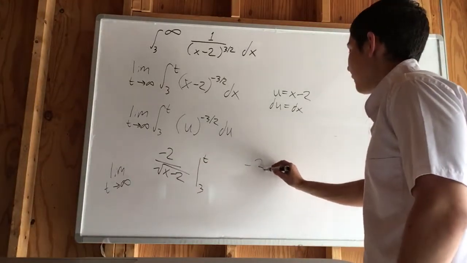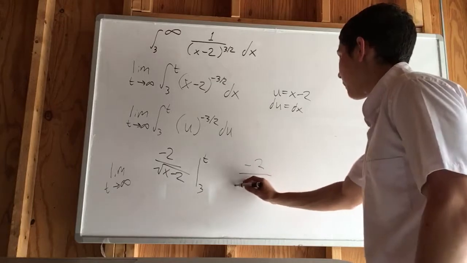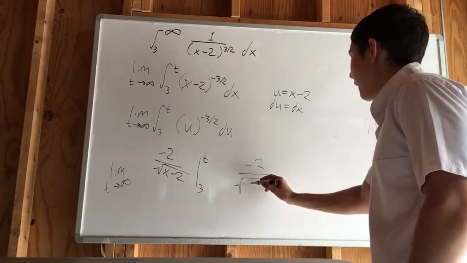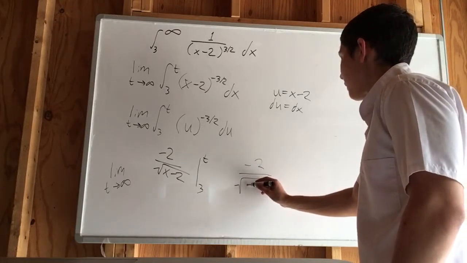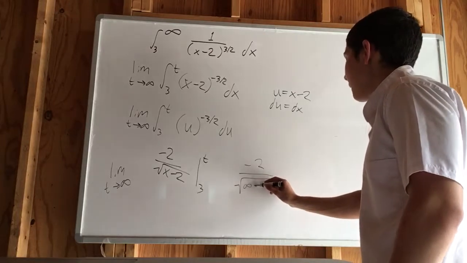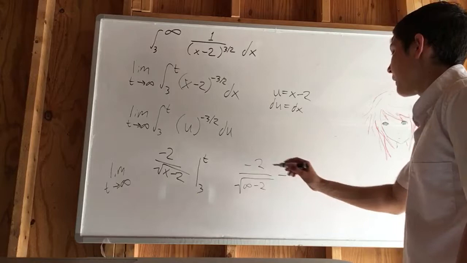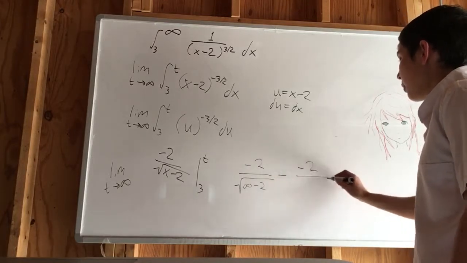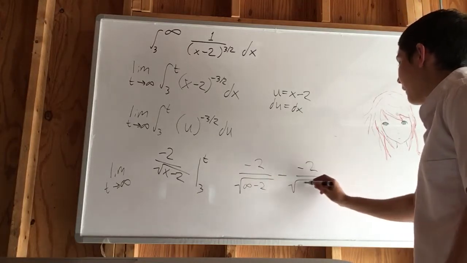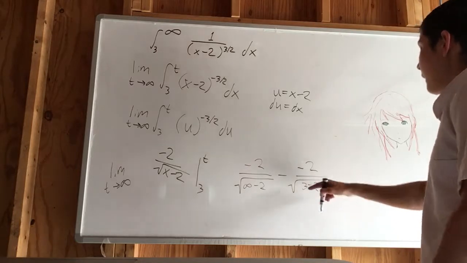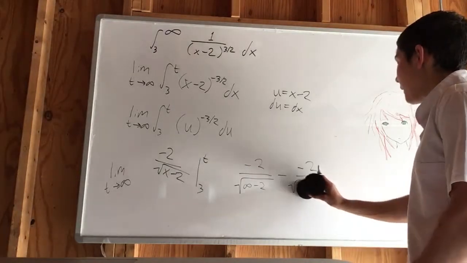So we have negative 2 over square root, and you can think of it as infinity minus 2, and we're subtracting negative 2 square root of 3 minus 2. That is just 1. 3 minus 2 is just 1.